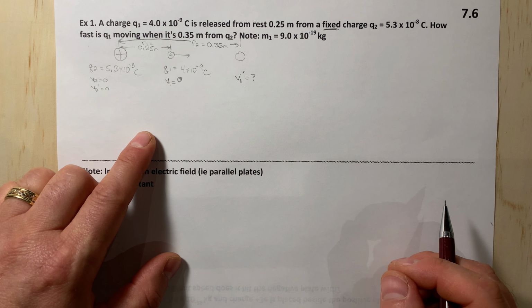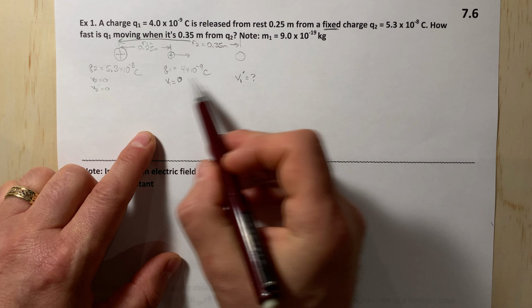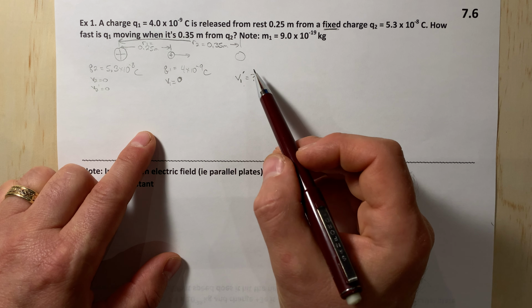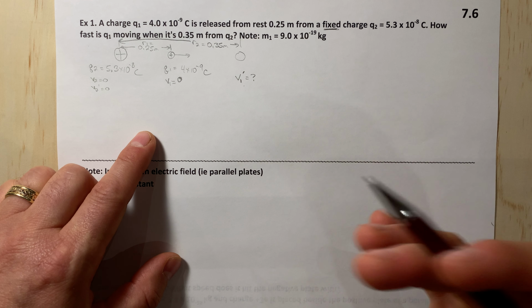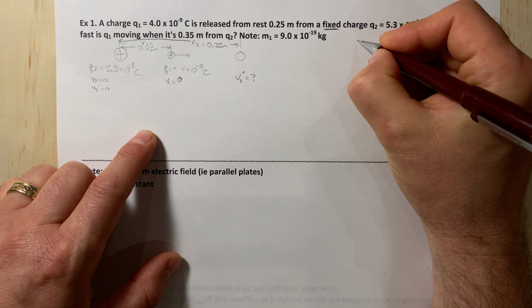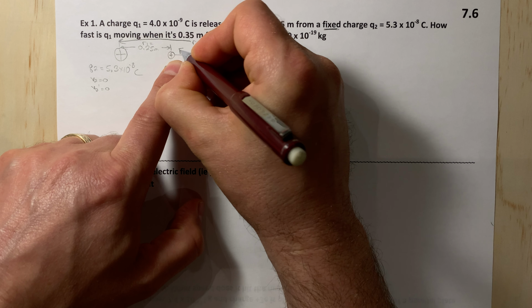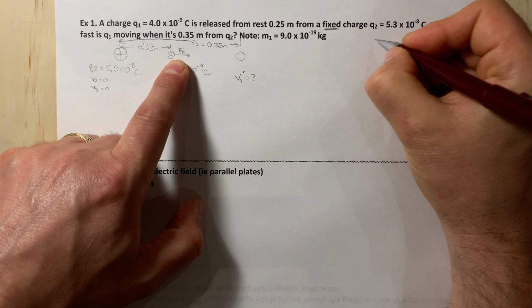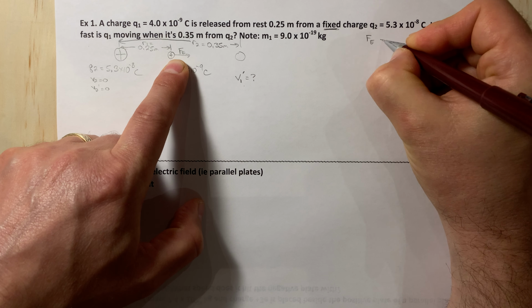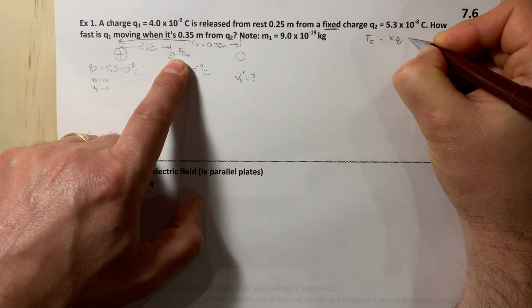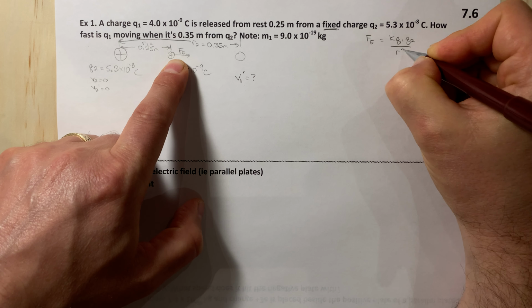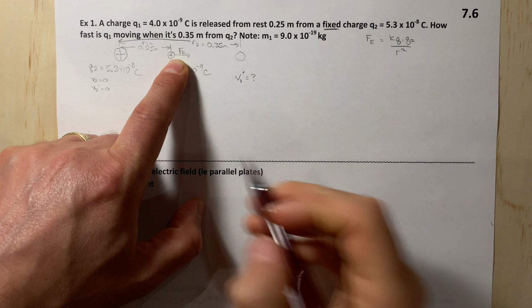A couple things with this. We might be tempted to use forces. Whenever we see something like this, we've done a lot of forces and kinematics. Just note the force acting on this charged particle, Fe, is K Q1 Q2 over R squared. No problem, I can calculate that.